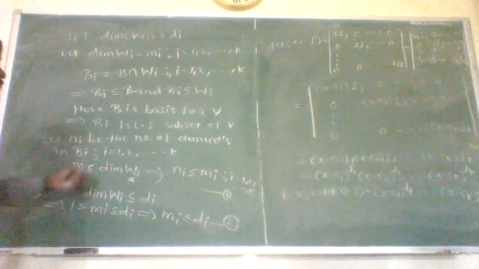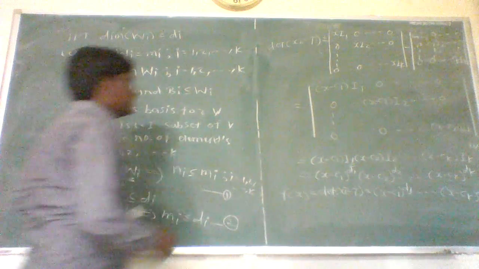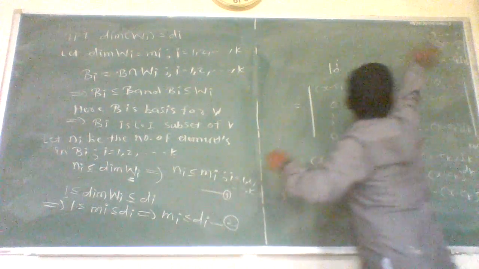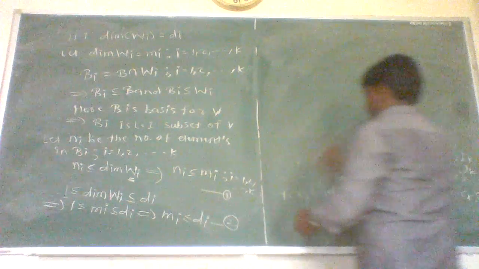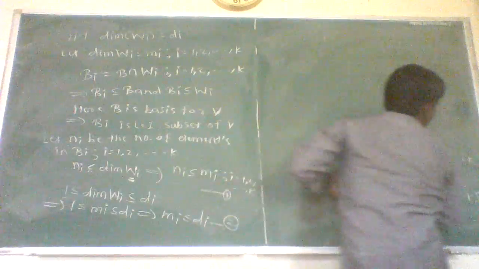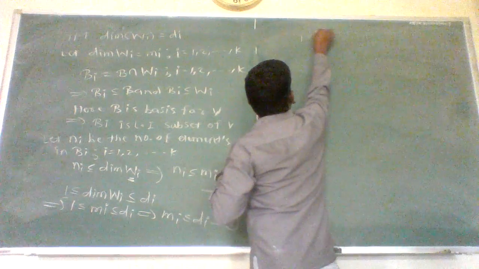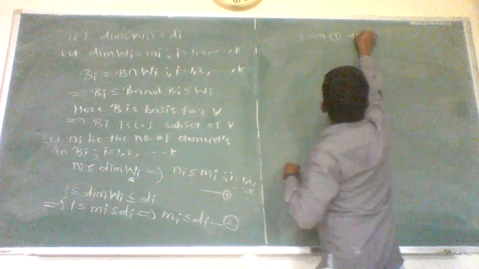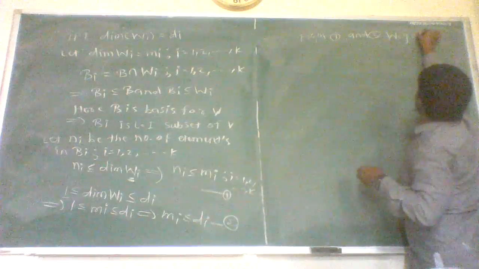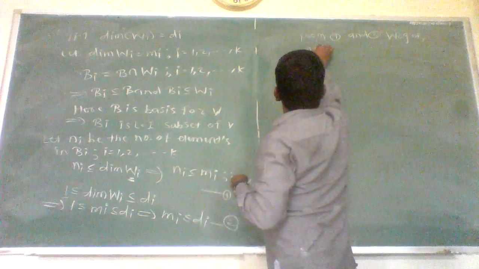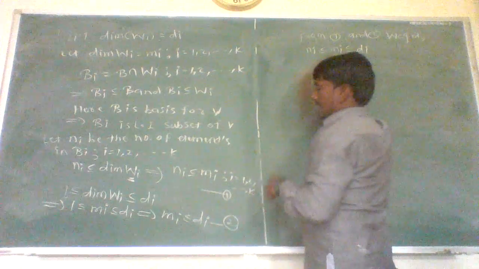Therefore, from equations 1 and 2, we get ni is less than or equal to mi, which is less than or equal to di.